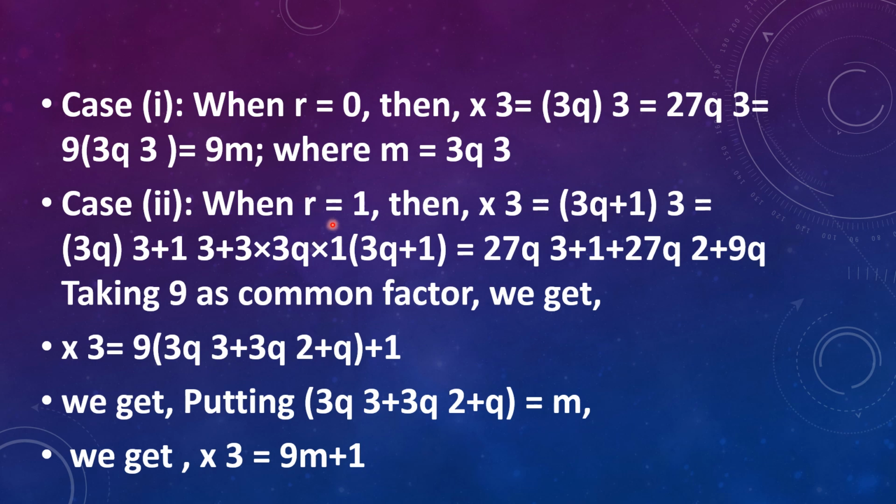Then in case 2, the consecutive value we are going to give for r is 1. So x cube equals 3q plus 1 the whole cube. I hope you are all familiar with this identity: a plus b the whole cube.